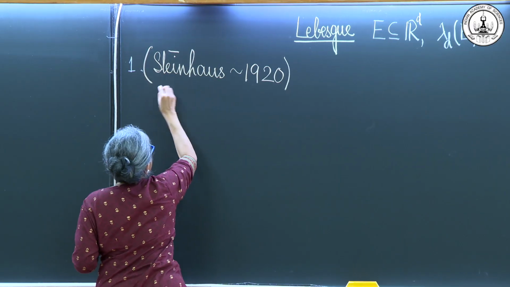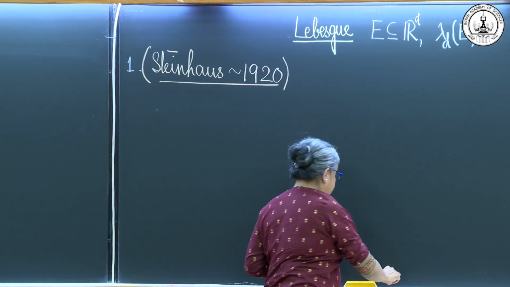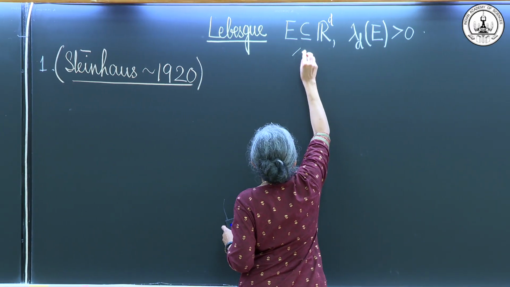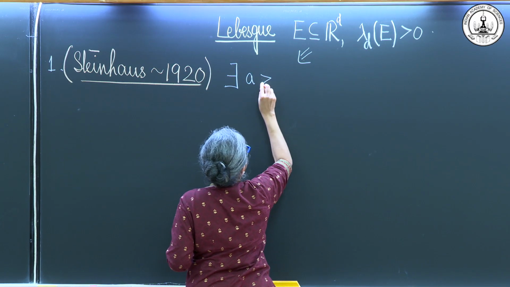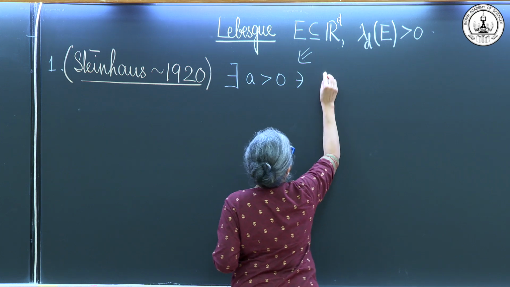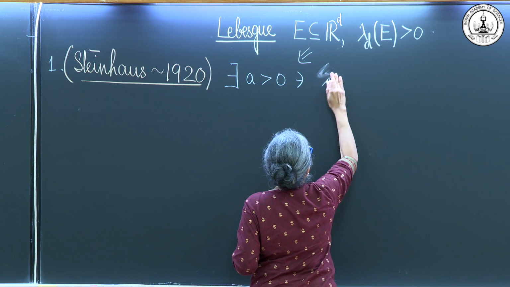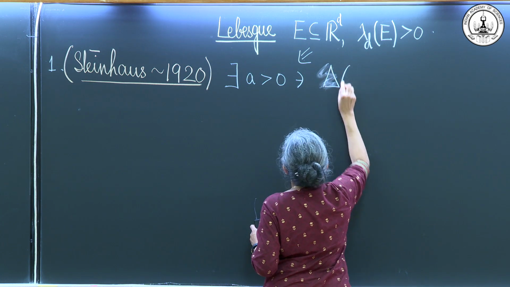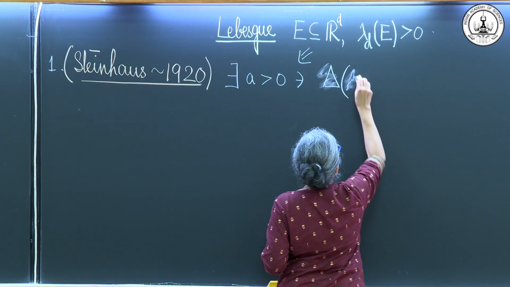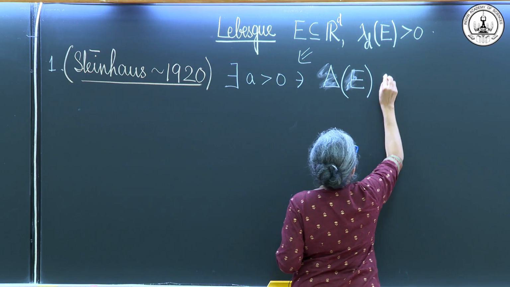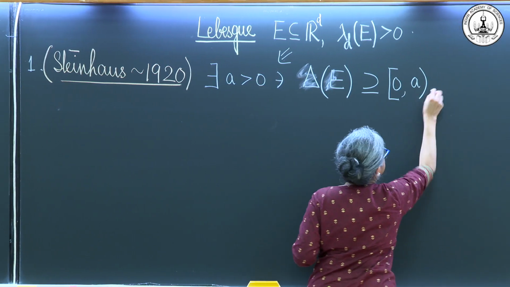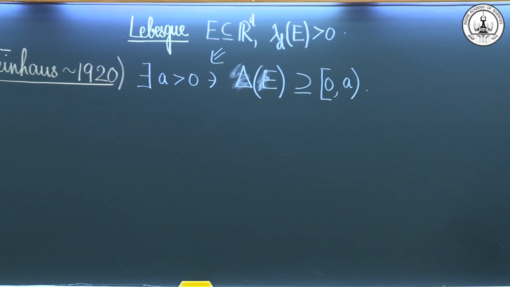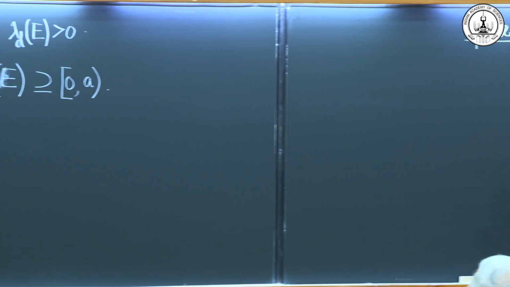The conclusion says that if that's your setup, then there exists some positive a such that delta of E contains the interval from 0 to a.